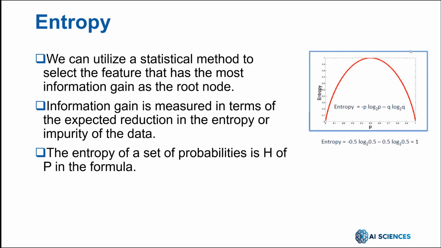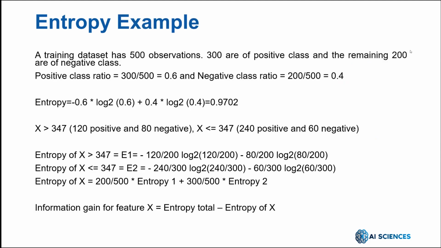To understand how entropy and information gain are calculated, let's take a look at the following example. Okay, a training data set has 500 observations. Of these 500 observations, 300 are of positive class, and the remaining 200 are of negative class. Positive class ratio equals 300 divided by 500 equals 0.6.